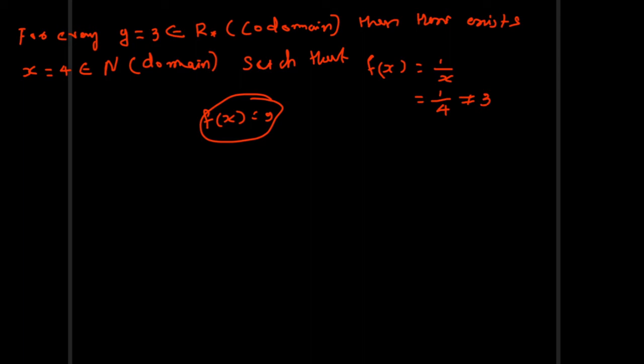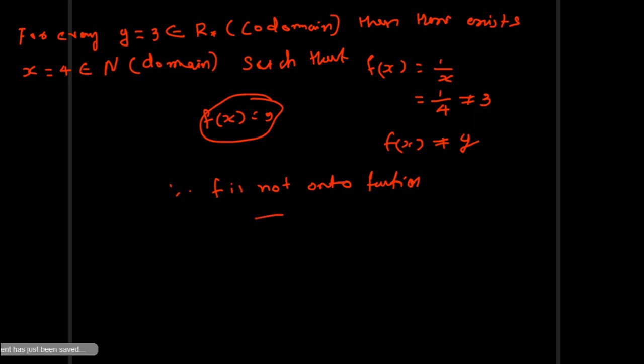This implies f of x is not equal to y. Therefore f is not an onto function. So f is 1-1 but not onto function. This is the second question.